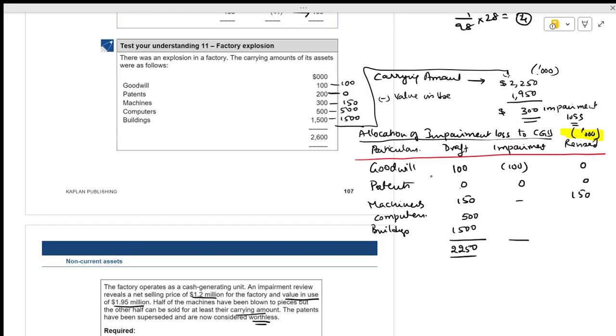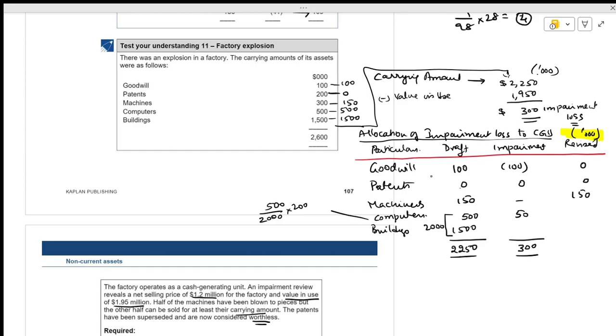The impairment loss is 300, and we have already taken 100. So we have the option to work out on these two only, and the total of these two is 2000. 500 divided by 2000 times 200 comes to 50.